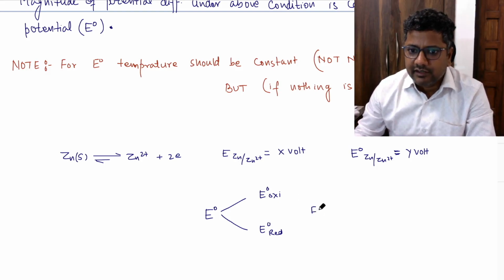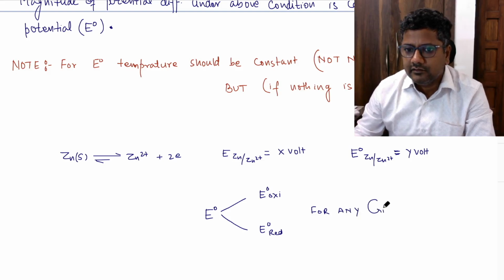For any given electrode, E naught oxidation is always equal to E naught reduction.